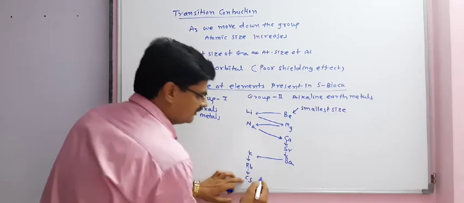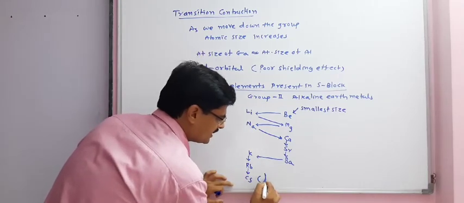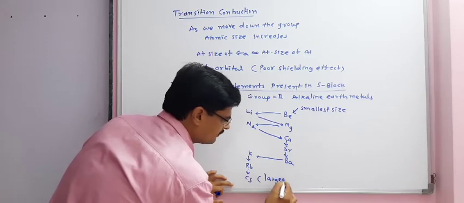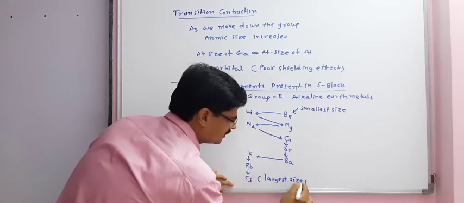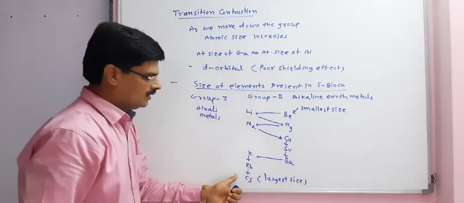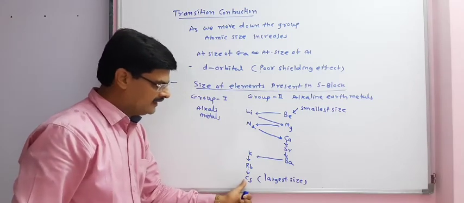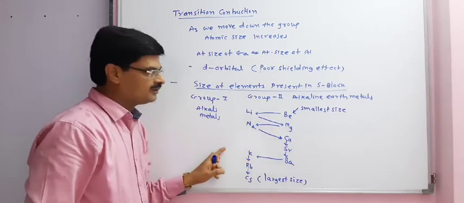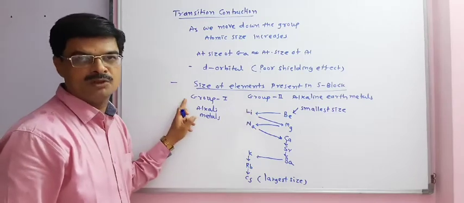So cesium we can say has largest size. We can compare in this way for group number 1 and group number 2 elements.